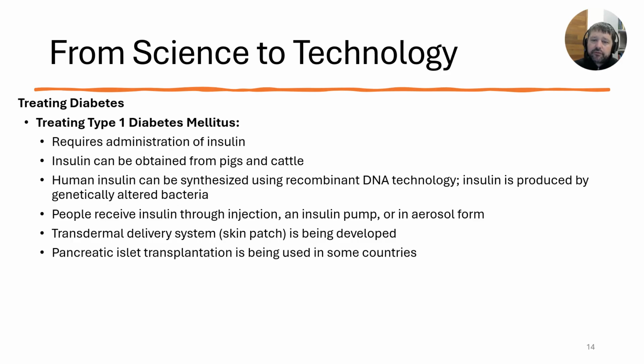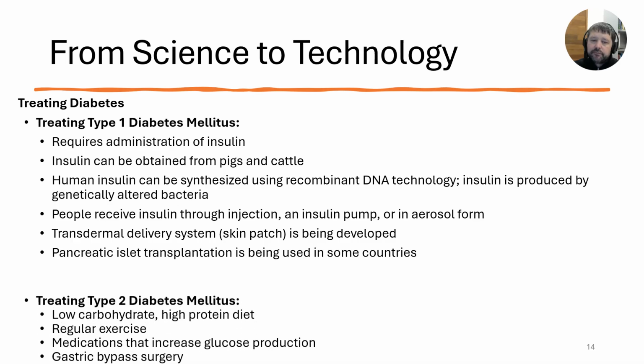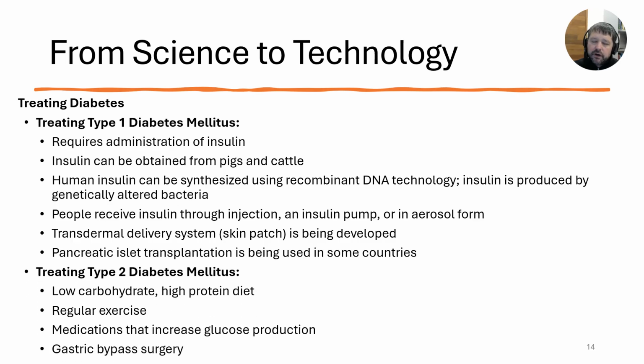Okay. And then, of course, there are other things that are potential. If your immune system keeps attacking your beta cells, then you could get an islet transplant, and it's been used with some benefits, I think.